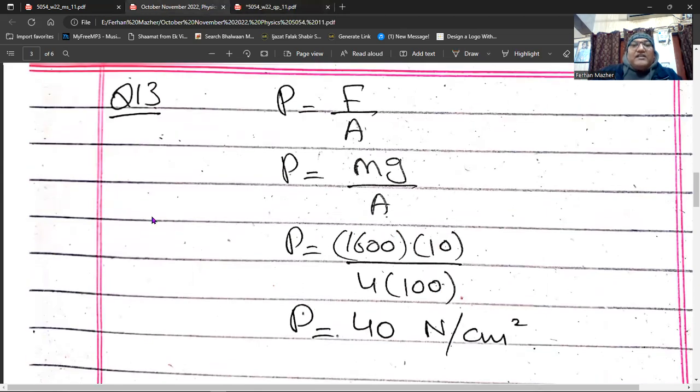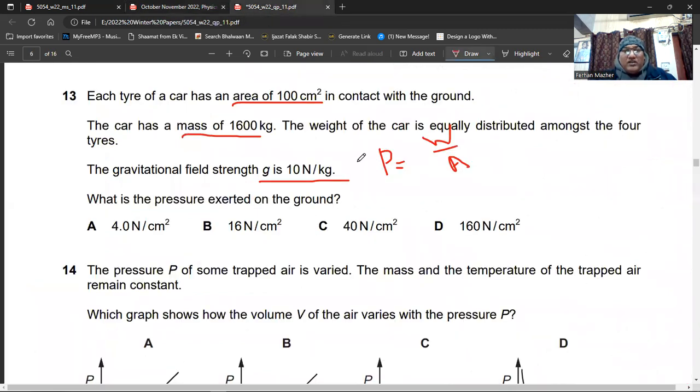The weight will be mg, and m is 1600 kg, g value is 10 newtons per kg. Each tire's contact area with the ground is 100 centimeters square, and because there are 4 tires, the contact area will become 4 into 100. So 1600 multiplied by 10 divided by 4 divided by 100, and that will be 40 Newton per centimeter square.